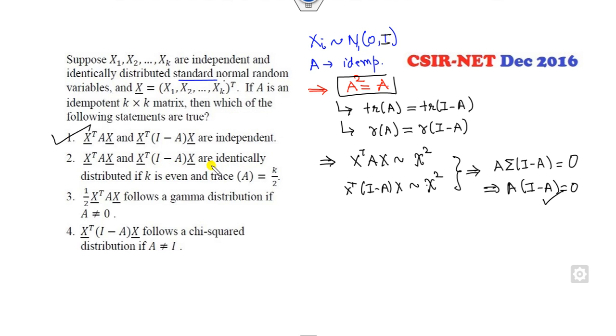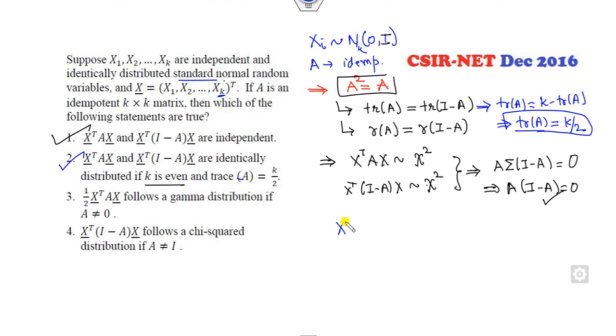This and this are identically distributed if k is even. So we can see from here, the trace of A, if I open this, it's a k cross k matrix, is k minus trace of A. So trace of A is nothing but k by 2, which is the same.